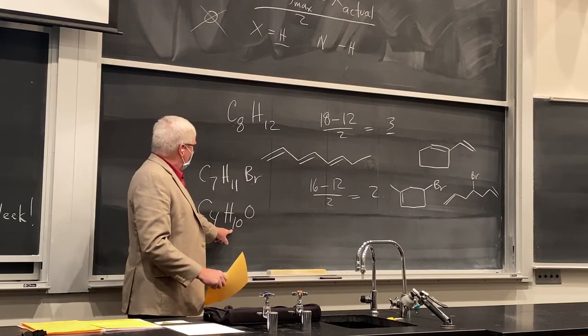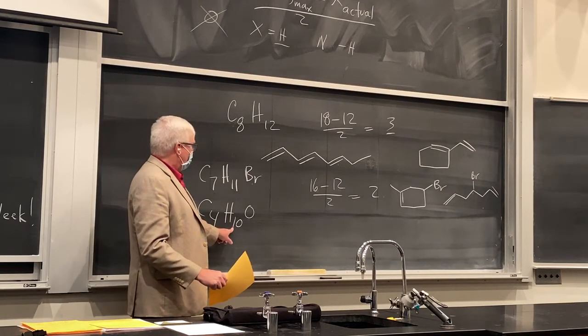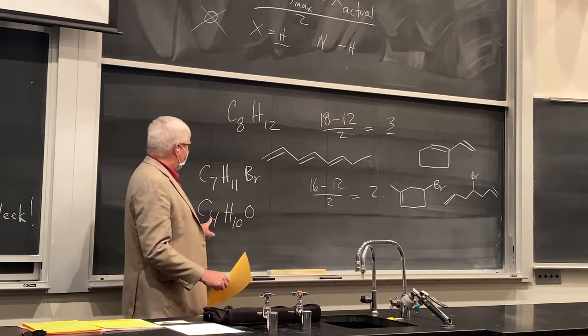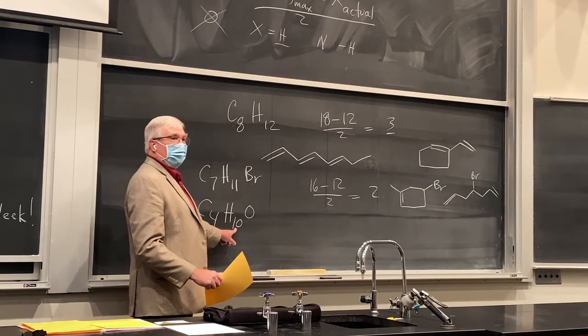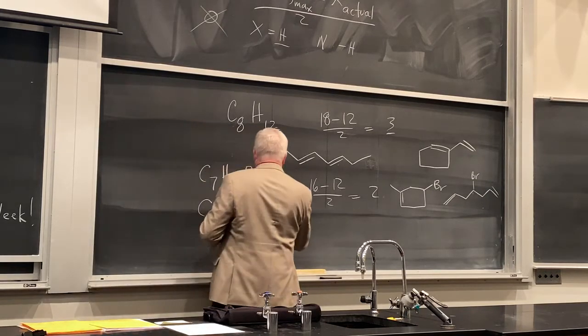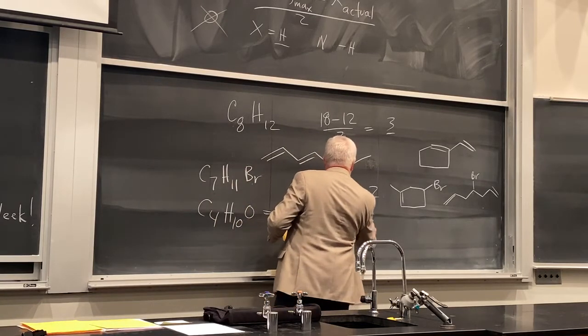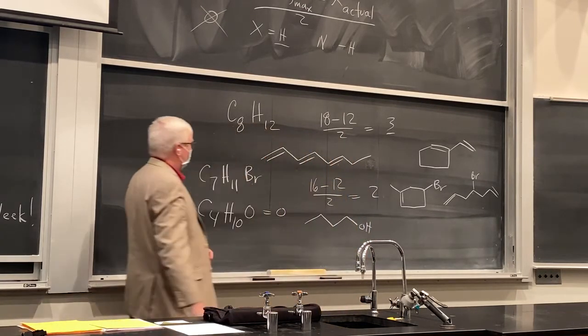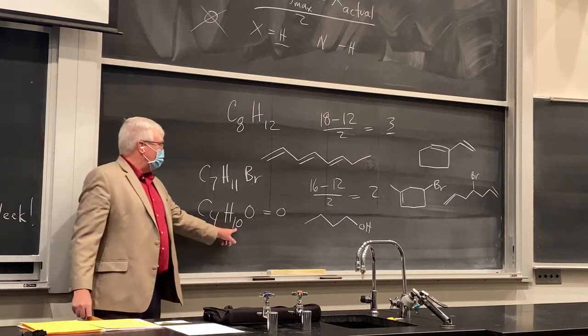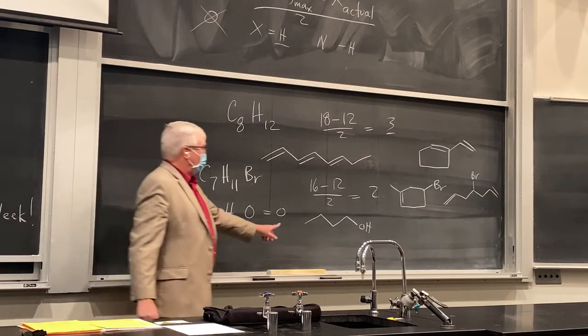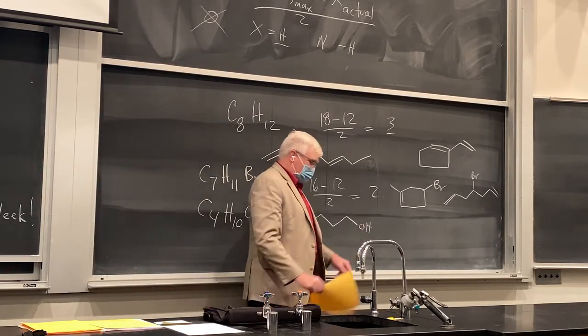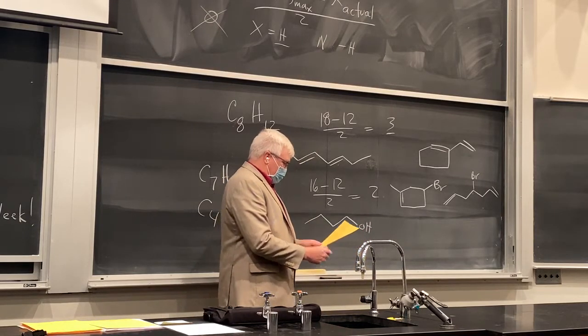So let's see, we don't even need to think about, so how many degrees of unsaturation do we have here? 10 minus 10, we have 0. Okay, so what would be some possible structures here? Well, what about that one? Yep, count them all up. I think you got the 10 hydrogens there.